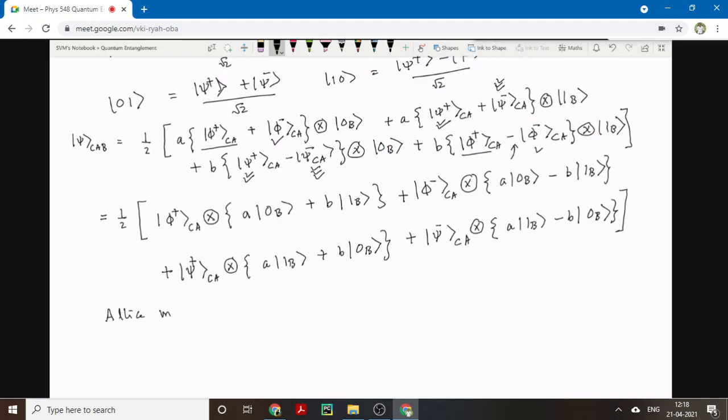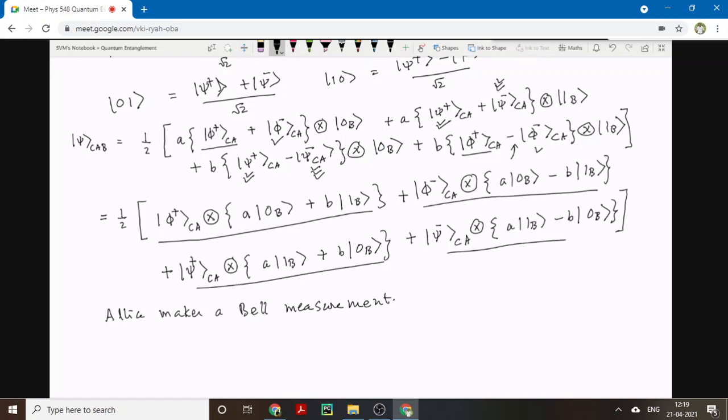Then the post measurement state will be either this or this. It will collapse into one of these 4 states.